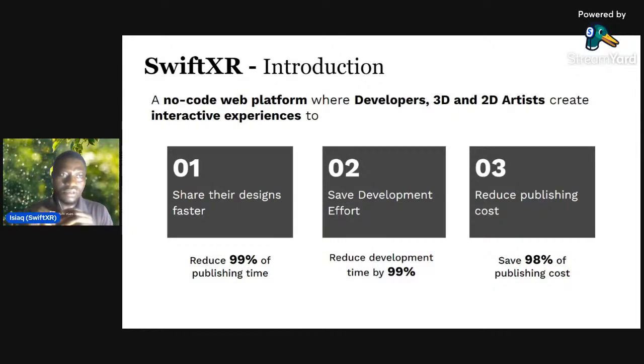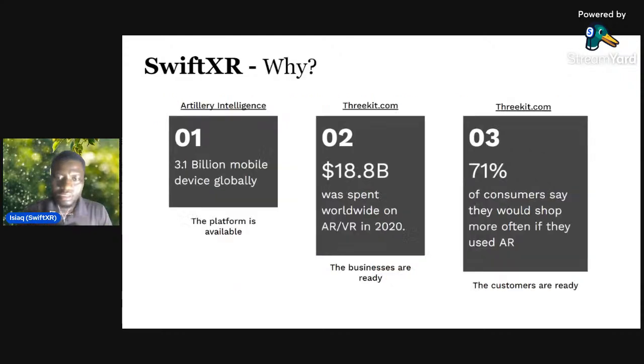The time that you would use to write code, the time required for you to go through all of the technical processes, SwiftXR is already taking 99% of that away. And by using SwiftXR, you are saving 98% of publishing costs. So you don't have to spend too much on hosting your 3D model on the web, hosting your website. SwiftXR is already taking care of all of this.